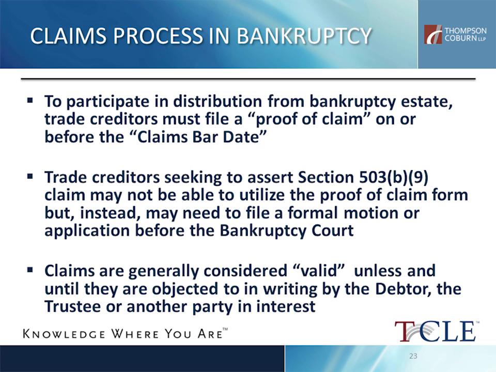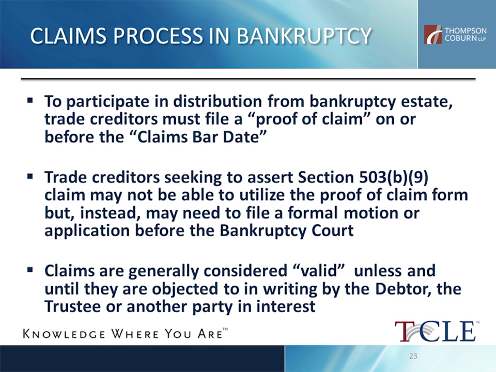I think that deadline is very important, and in order to participate in any distribution from the bankruptcy estate, whatever that's going to be, even as a general unsecured creditor, you will need to file a proof of claim form. I'm going to talk a little later, so probably the next slide, about 503(b)(9) claims, and those are actually done not on a proof of claim form, but usually they require the filing of a formal motion or application with the bankruptcy court so that that claim can be allowed.